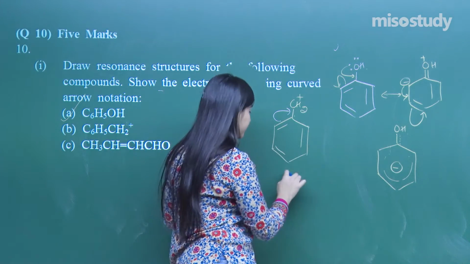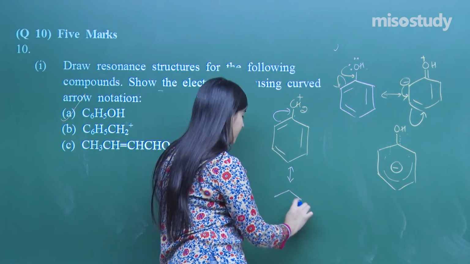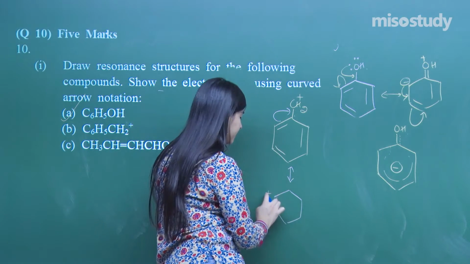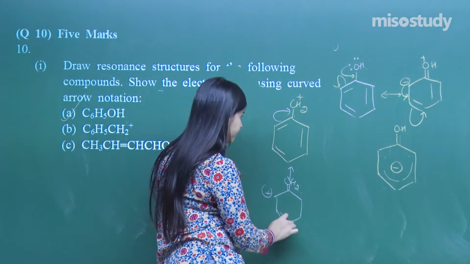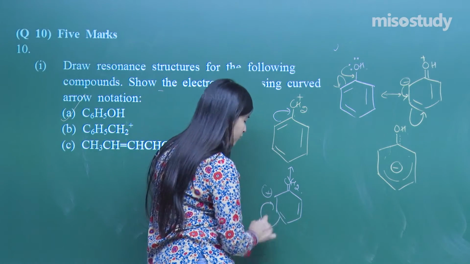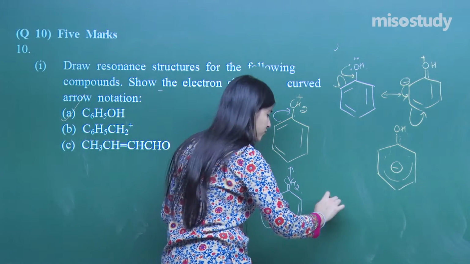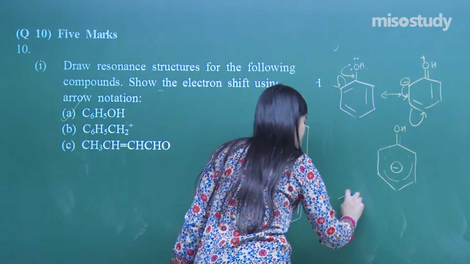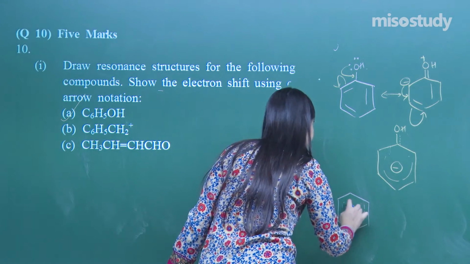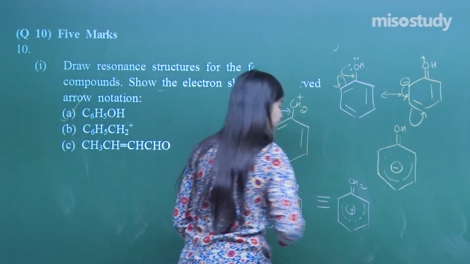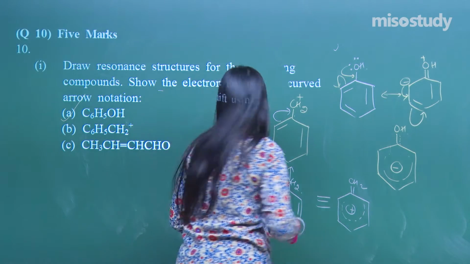So what will happen? A positive charge will be created here, right? Double bond here. Again jump on the floor. And so, what you obtain as a resonance hybrid is this. Right? Clear? Next.